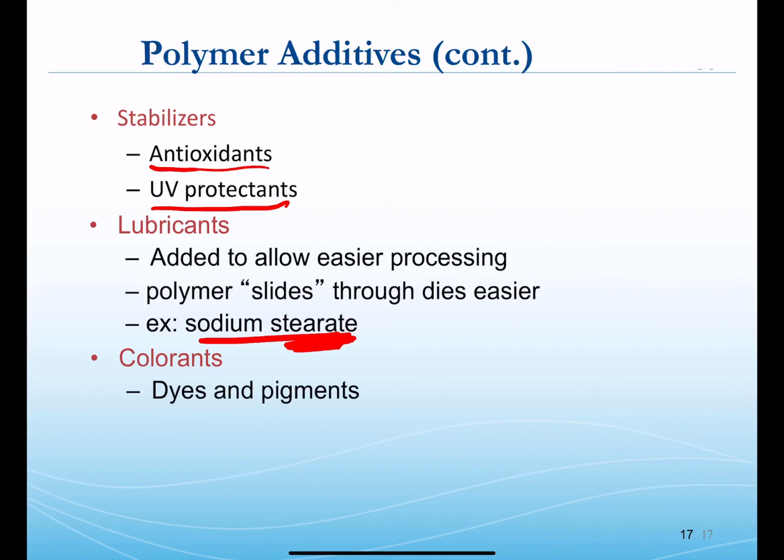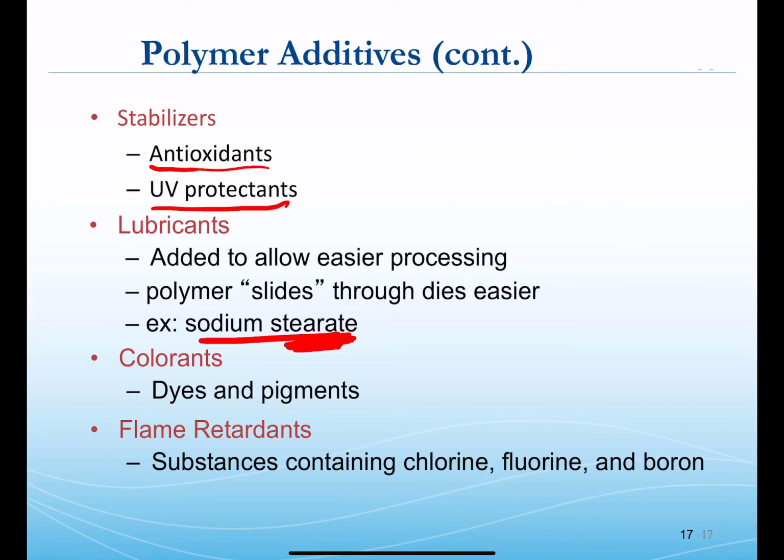Of course, colorants and dyes to make the final thermoplastic material desirable for its ultimate service use. And even flame retardants is a big industrial area, especially in the aerospace industry, where having self-extinguishing thermoplastics and thermosets is vital to passenger safety.